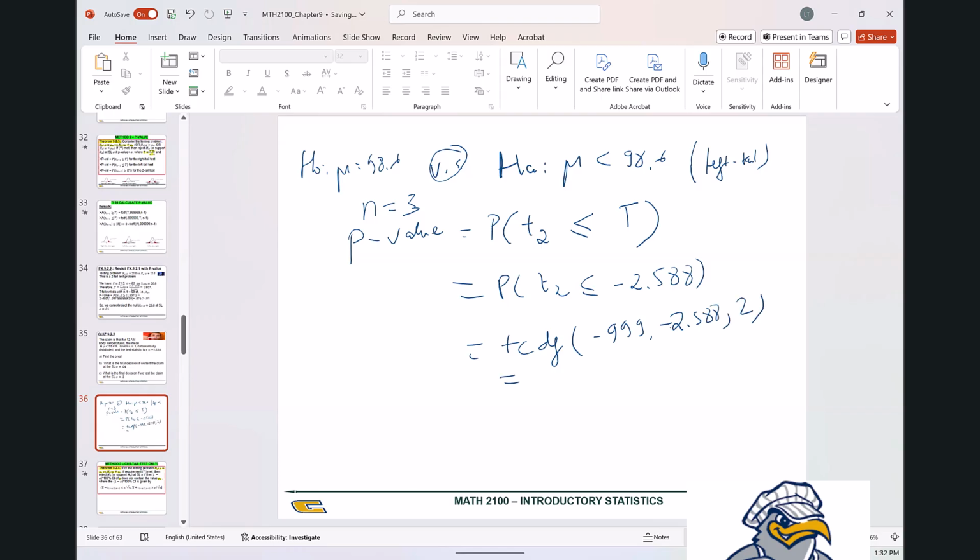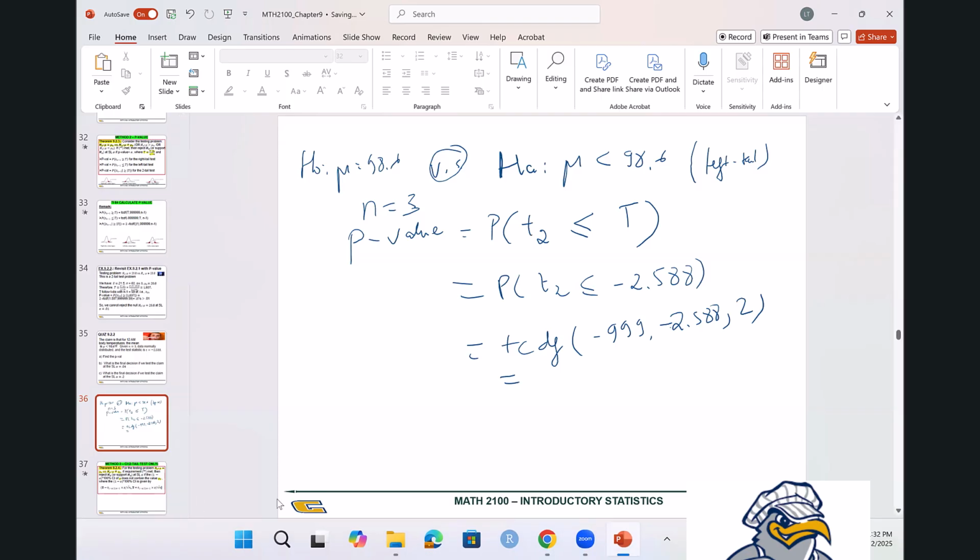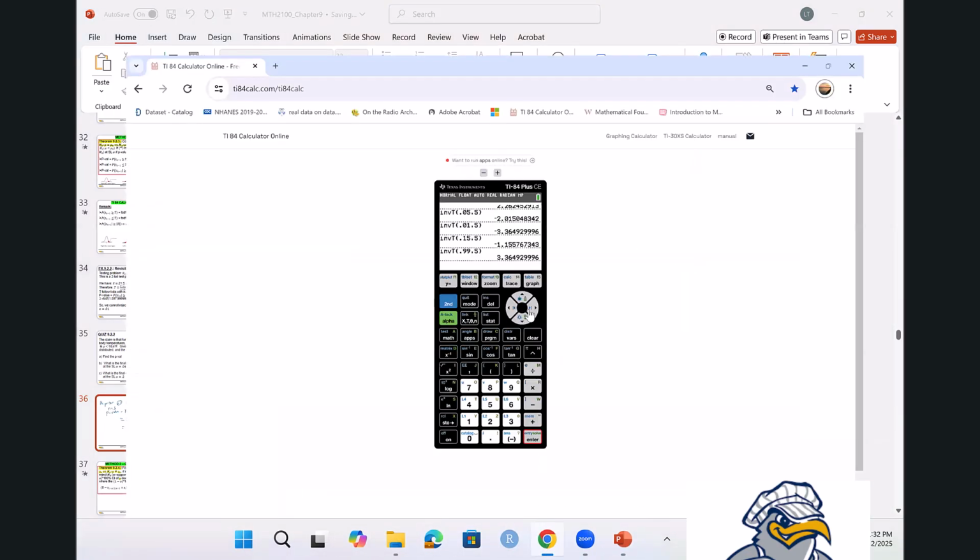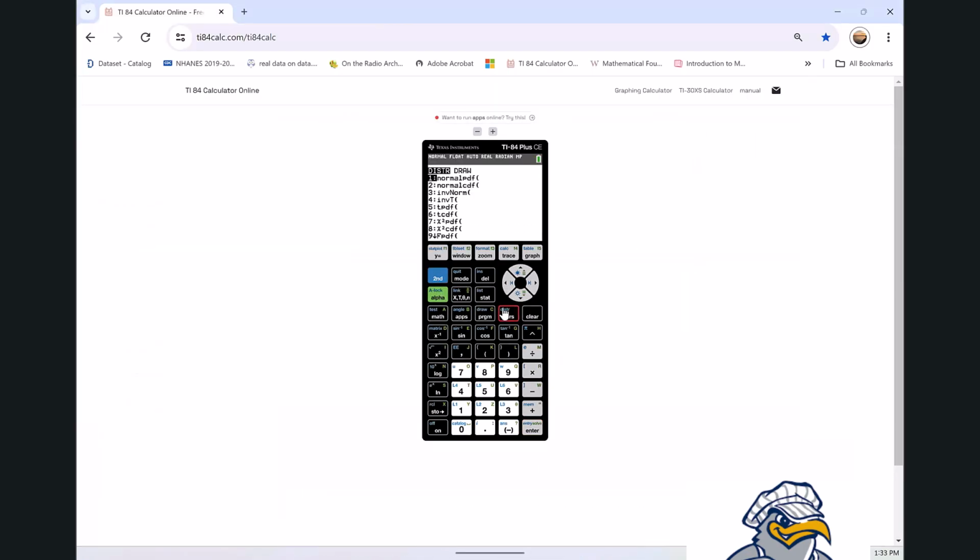So see what the tcdf gives us. It already gives a very small number, so we don't need to replace it, but you can replace it with negative 99 as well if you want.